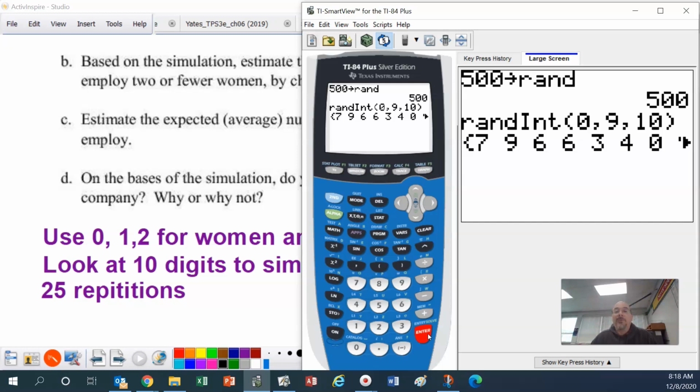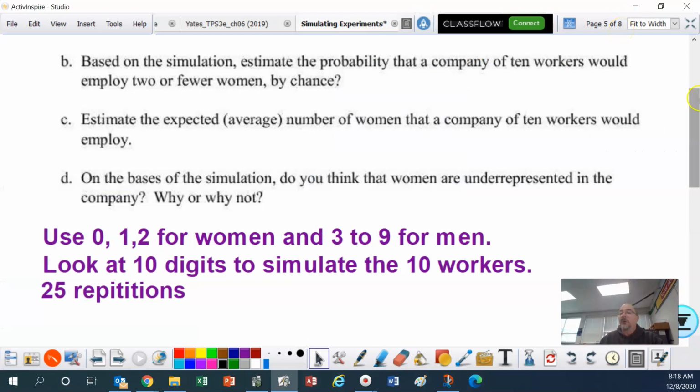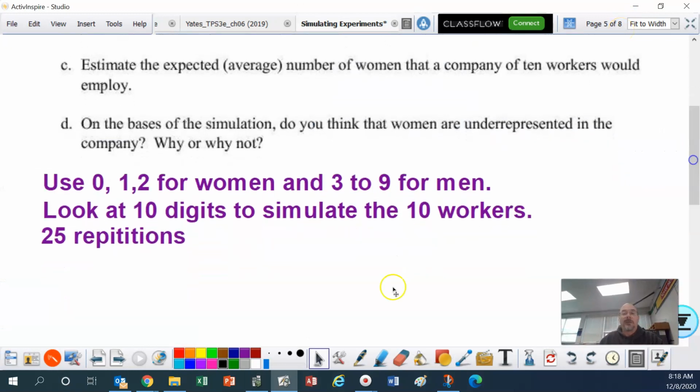Now, when I count this, I'm going to have to use my arrow key. When I go through, I notice there's only one woman in that simulation. So I need to write down 1.